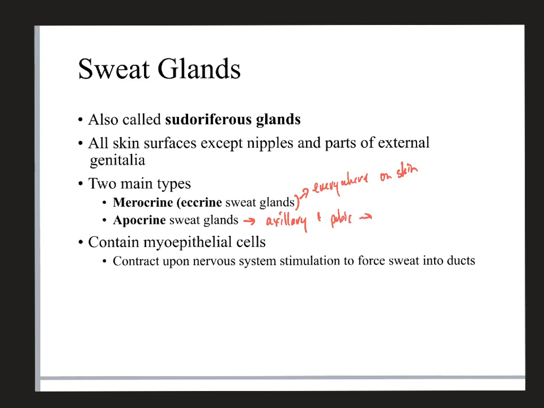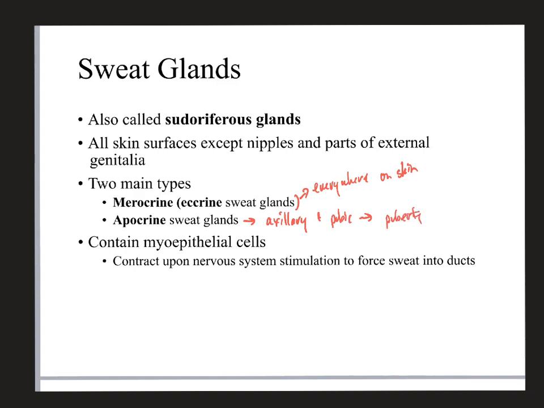All right, so the eccrine sweat glands are active from early on. Maybe infants don't sweat, but once they become able to, those are the active sweat glands. But the apocrine sweat glands are only active at puberty, okay?